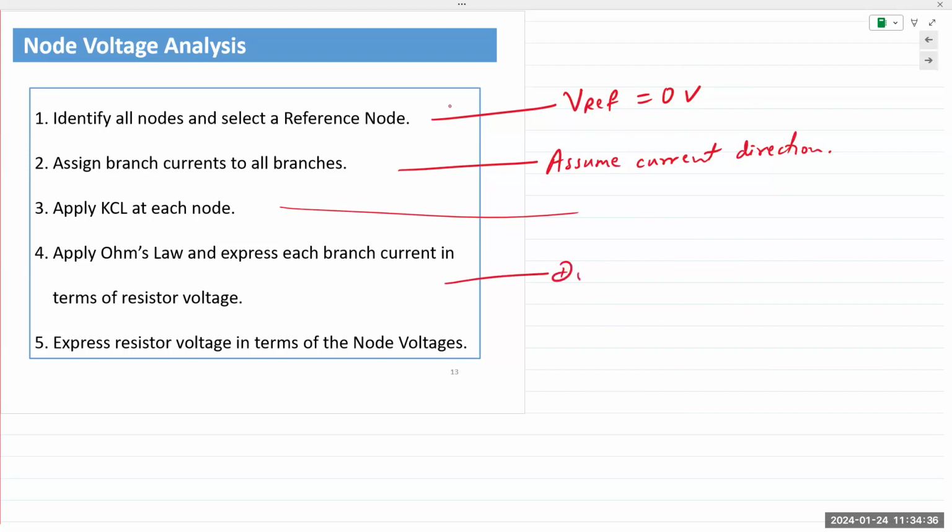Apply Ohm's law. Sometimes it's easy to skip the step. I would strongly recommend you do not skip the step. Write it out so that your chances of making an error are reduced. And then finally, express each resistor voltage in terms of the node voltages. These node voltages are the unknown variables in our equations.